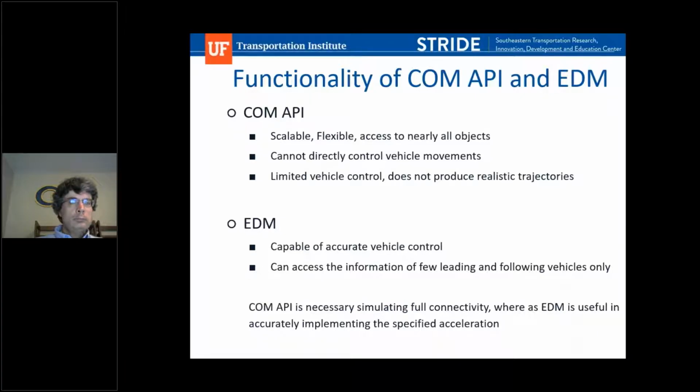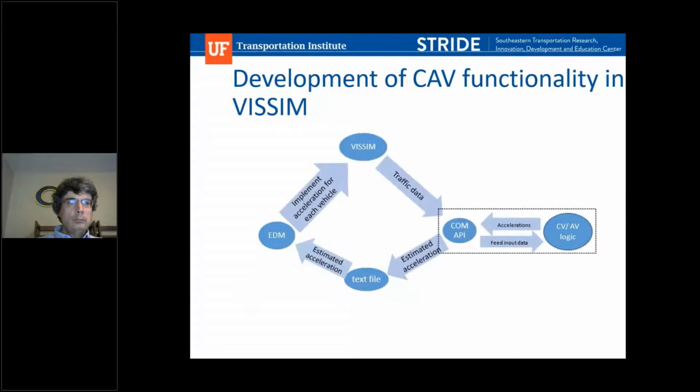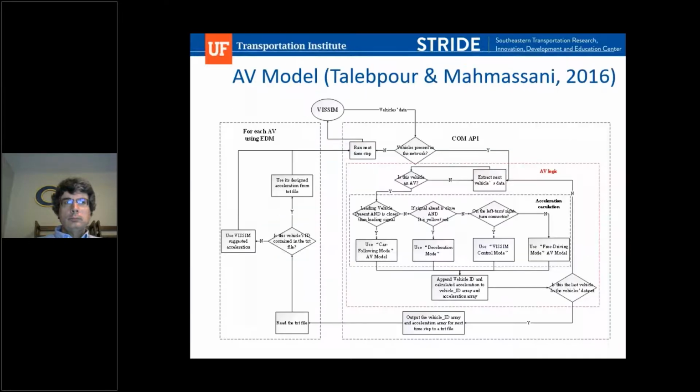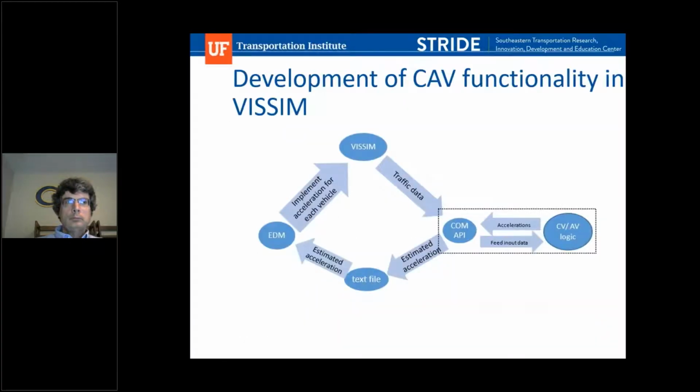So we combined the two and we came up with our framework that you can see on your screen right now. COM API reads all the relevant traffic data and simulation data that we need every simulation time step, and then sends the requisite input data to the CV or AV logic. The way in which the framework is built, the CV and AV logic is agnostic to that.